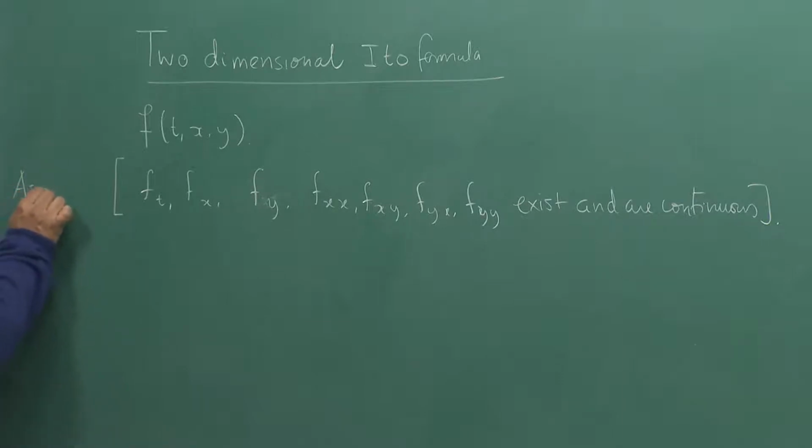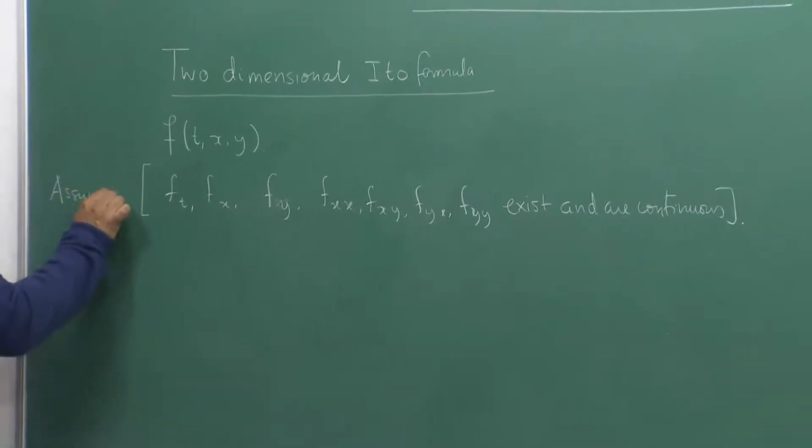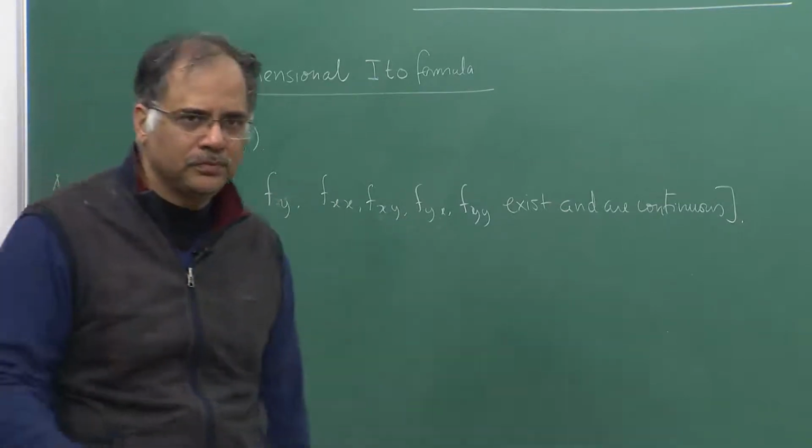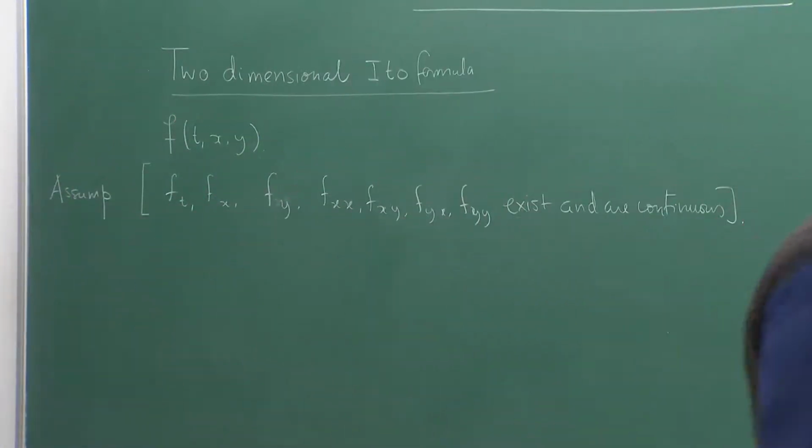So, once I make this assumption, you know from basic analysis that f_xy and f_yx are the same thing. You can interchange, they are symmetric. Now, the formula is like this.